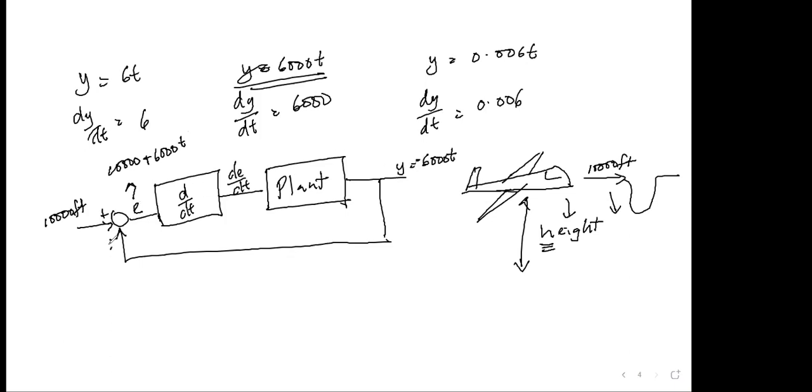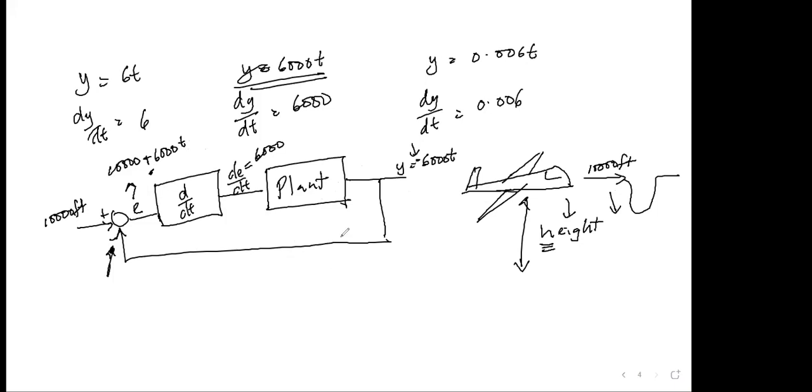I don't know if you see this minus here. Minus and minus will make it positive. So when I differentiate that, now remember it's falling. When I differentiate this thing here, what is this going to be equal to? 6,000.